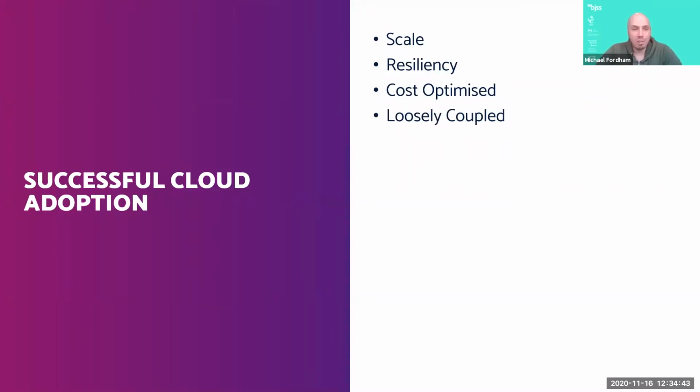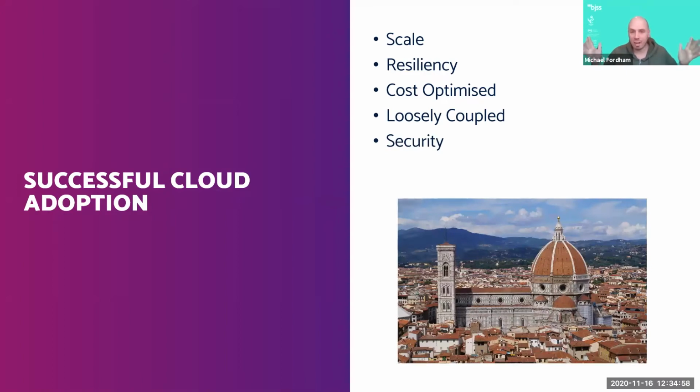Make sure it's absolutely loosely coupled. Anything you do in the cloud, make sure that's loosely coupled. I'll be talking a bit more about that later. And of course, security. And we can talk about these as architectural or design principles. Of course, you bring them all together and you will make something beautiful architecturally and it just works, right? Or is it a bit harder than that? I think it's a bit harder, but it is, of course, possible.